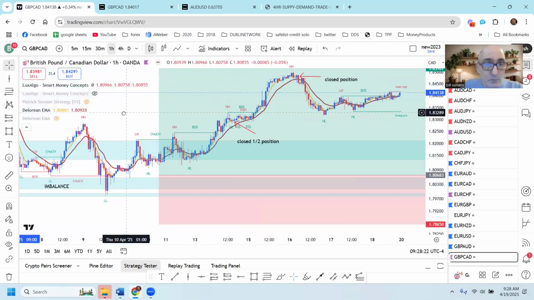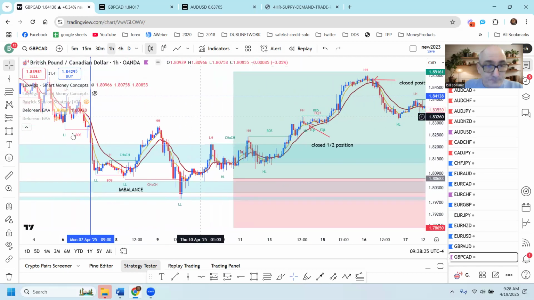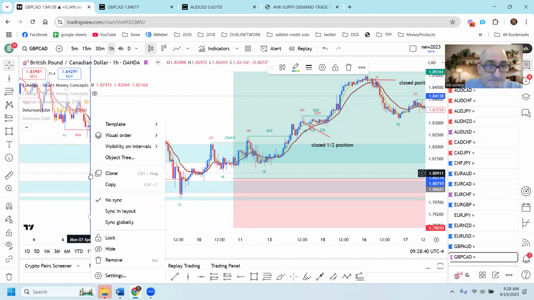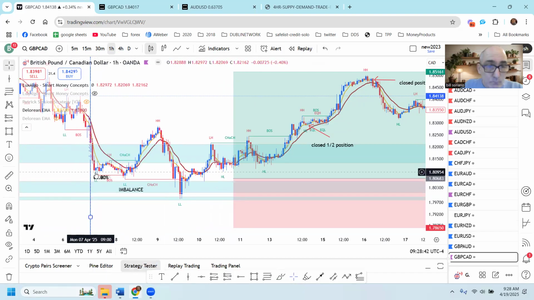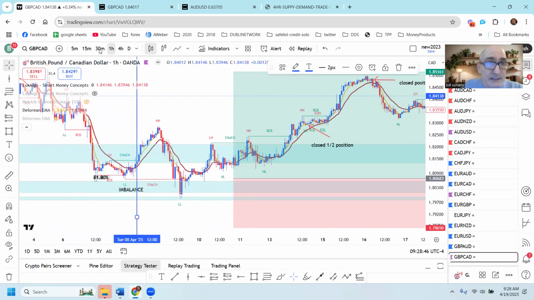Then when we drop down to the 1 hour here, we get that change of character, right? So we drew our fib essentially from here to here. Well, we got the shift right here, right? We just move this. We got our buy shift right there.